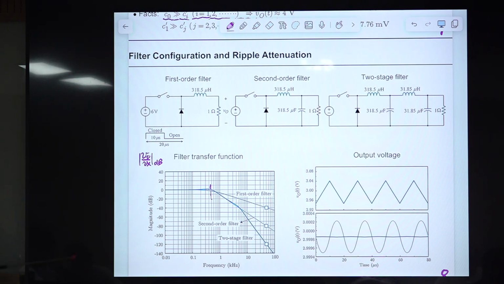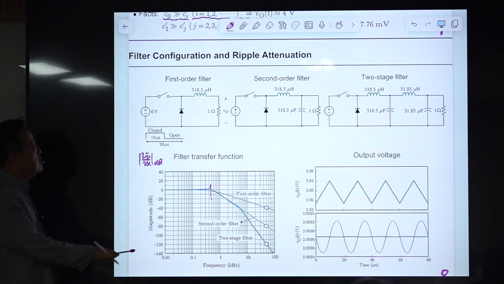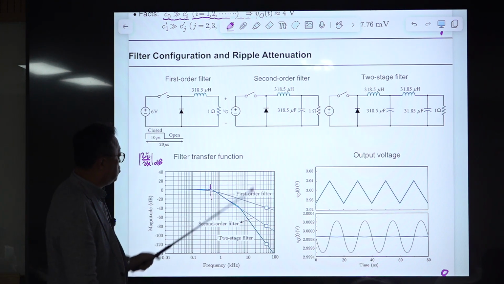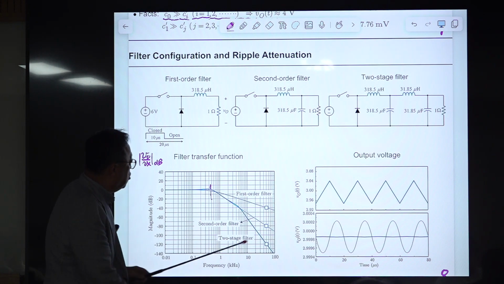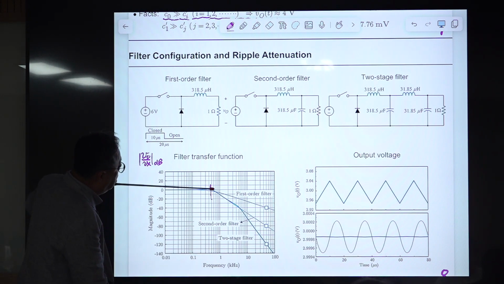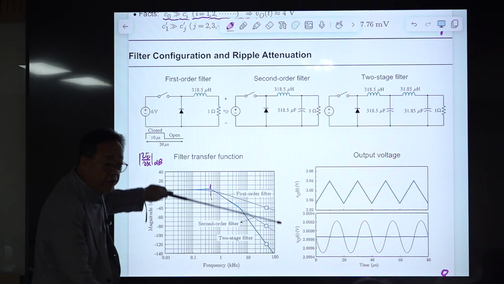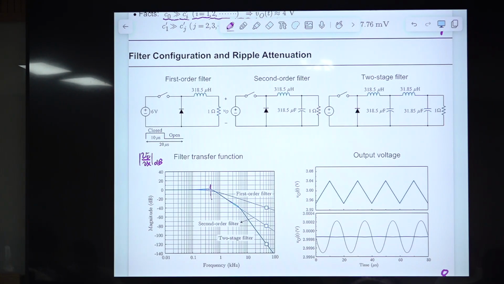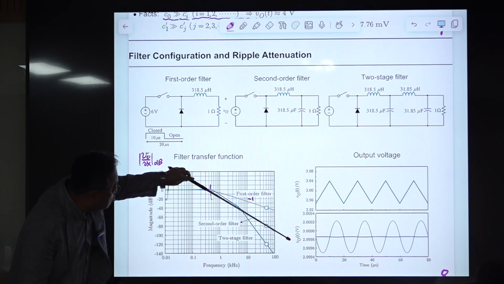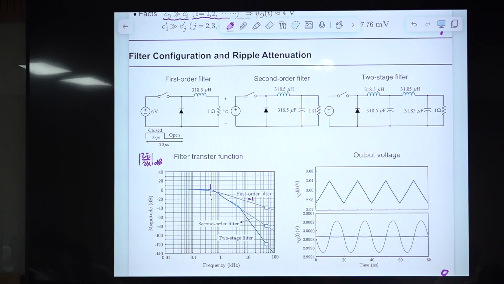This is the pole frequency for the first-order filter, and this is the pole frequency of the second-order filter. With the first-order filter, you have this kind of attenuation, and the slope is -1, meaning -20 dB per decade. With the second-order filter, we have a -2 slope, which means -40 dB per decade.